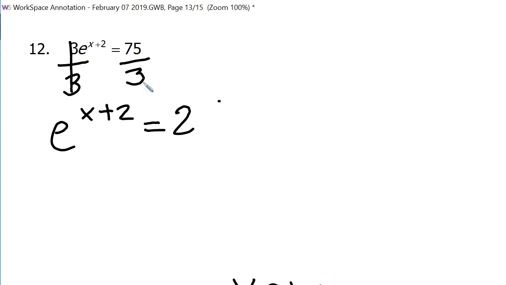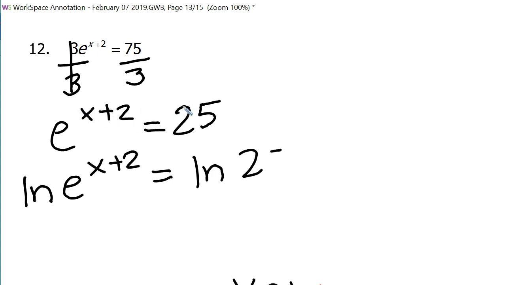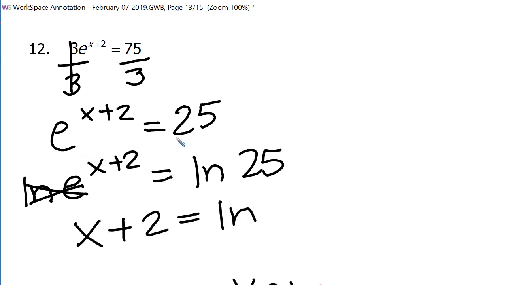So what do we do next? Natural log both sides. So natural log e to the x plus 2 and natural log 25. What happens with natural log of e? Cancel. So that leaves us with x plus 2 equals natural log of 25. And what would be the last step? Subtract 2 from both sides.